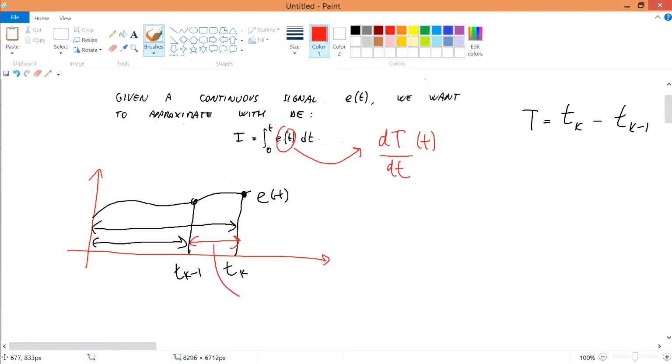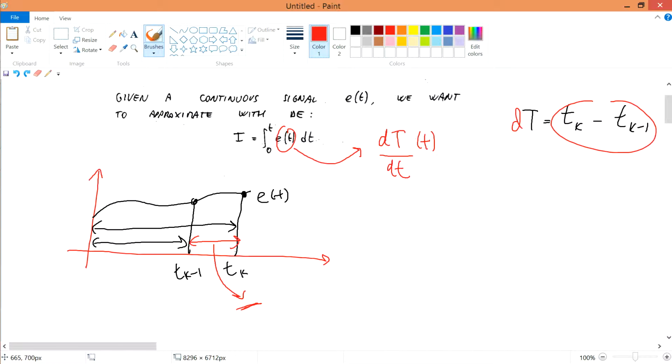We call this thing dt. So the change in t, dt, is tk minus tk minus 1.